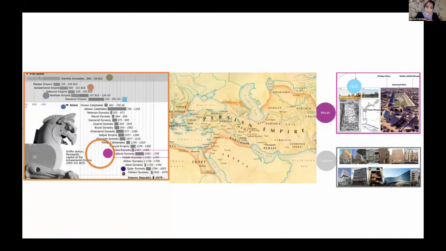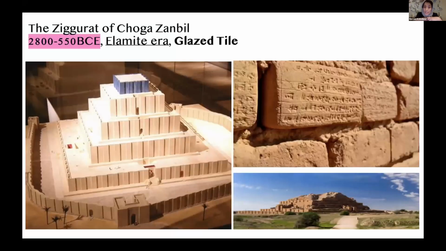The flourishing growth of Persian architecture appeared in the 16th century, and after that, there was a dramatic decline from mosaic to concrete. But before that, the archaeologists believe that Persian decoration appeared and was designed with glazed tile in the Ziggurat Chogha-Zanbil in the Elamite era.